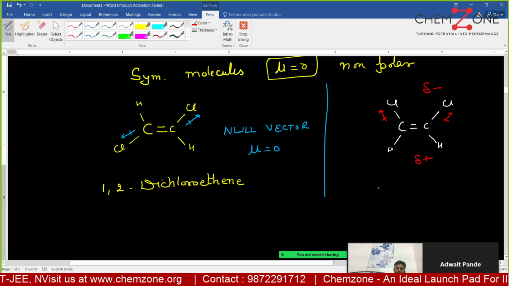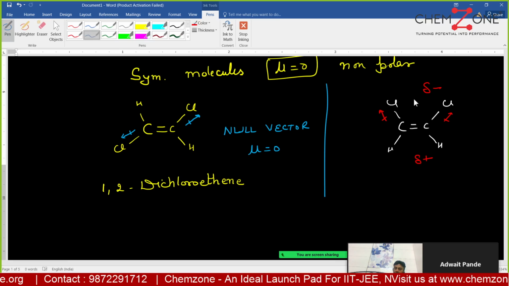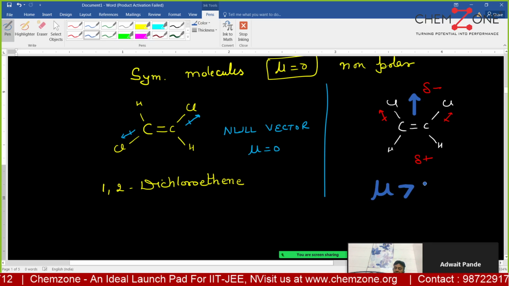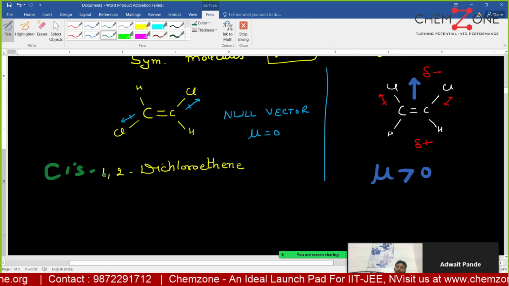The net dipole moment is upward and the dipole moment will be greater than 0. It's also 1,2-dichloroethene. But technically, with the two chlorines on the opposite side, we call this a trans form, and when on the same side, it is a cis form.